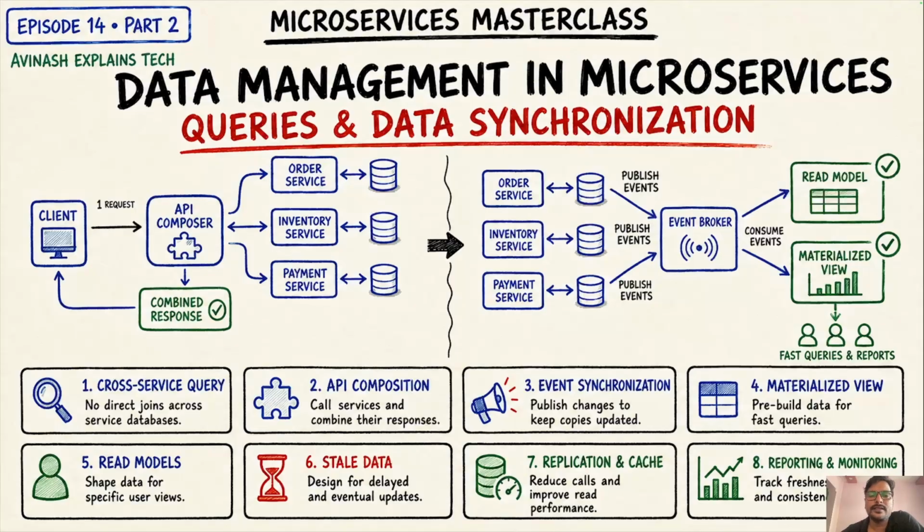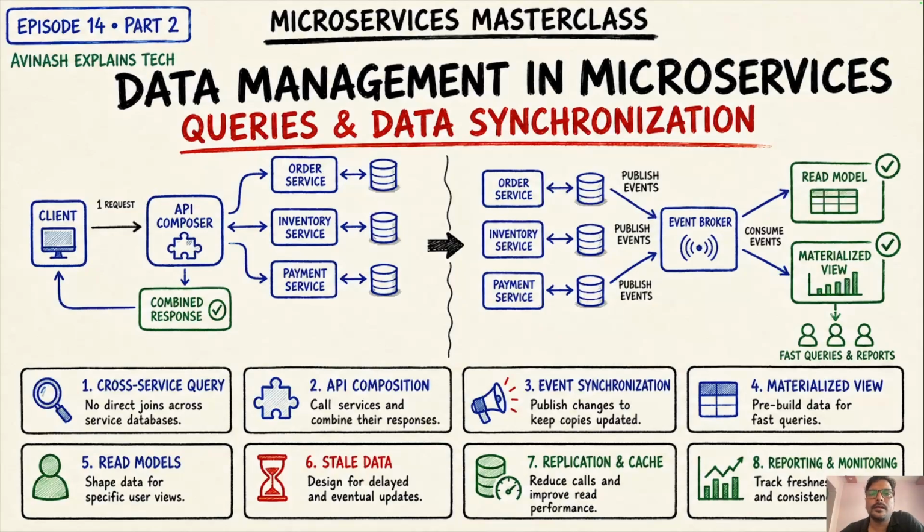These identifiers help us track when a record changes, when the event was published, and when the read model processed it. For critical data, we can run periodic reconciliation jobs. These jobs compare the source of truth with the synchronized copy and repair missing and incorrect data.